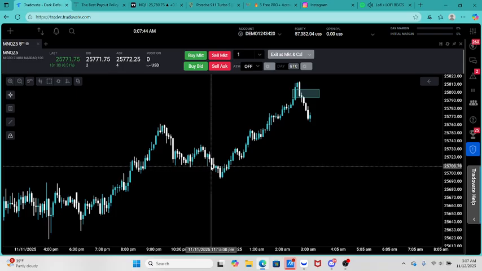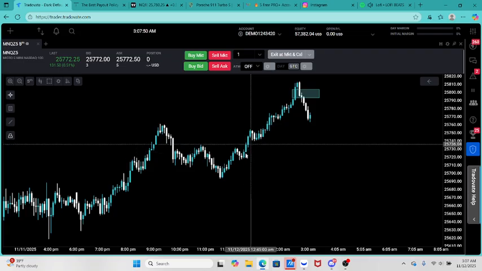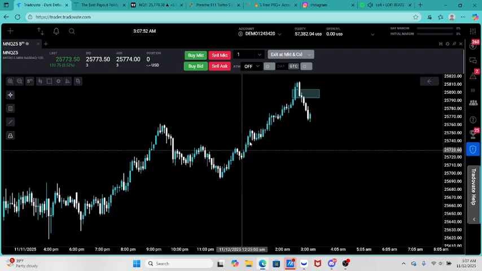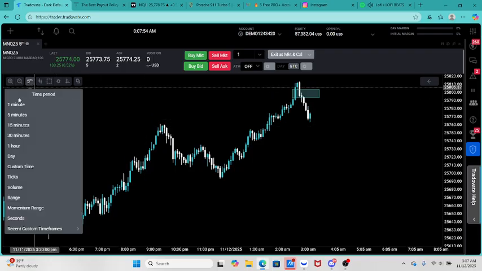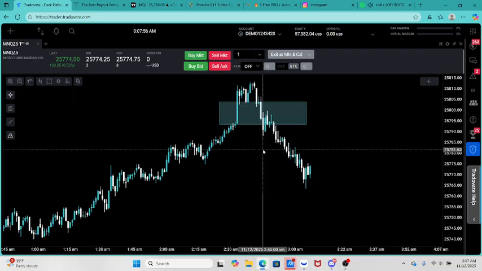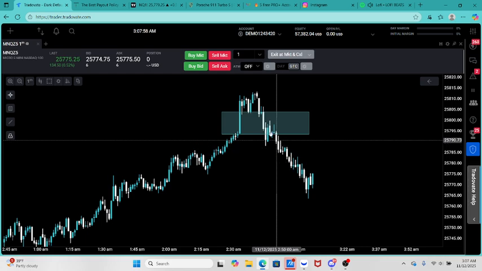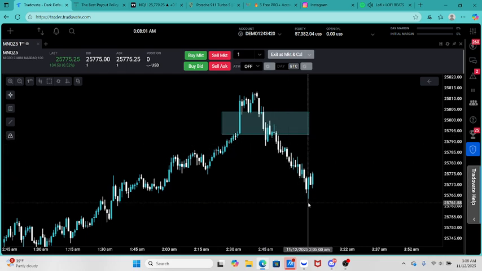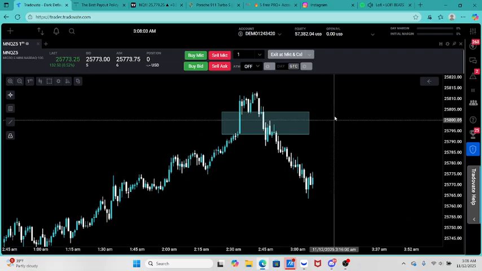These lows right here. Yep. We could very well, I think we come down into this imbalance that hasn't been taken. But look, I'll show you right where this trade showed its hand and showed you that it could go lower. Now, it could very well go higher.